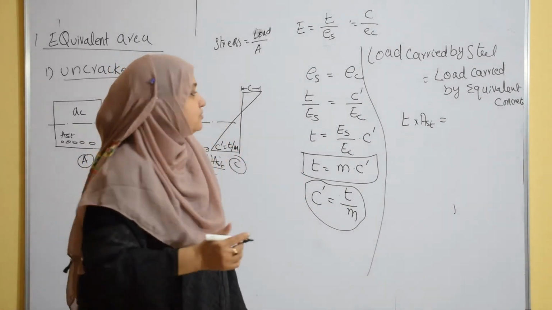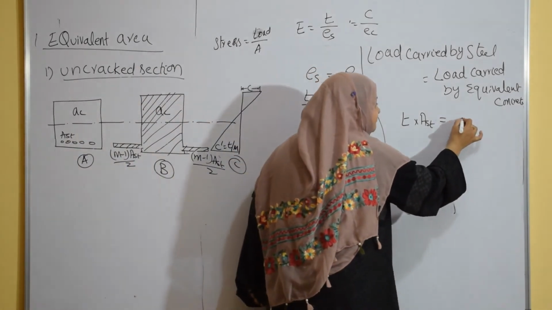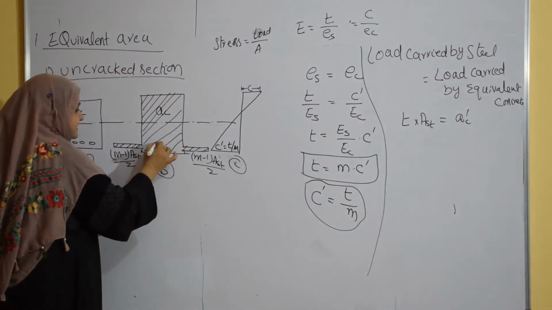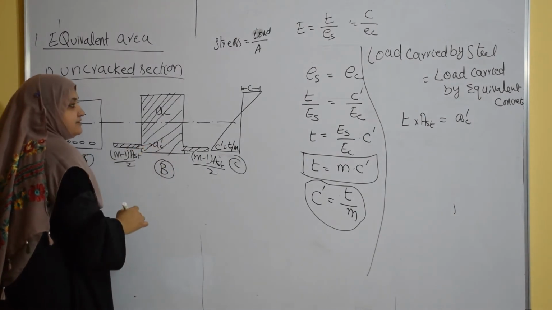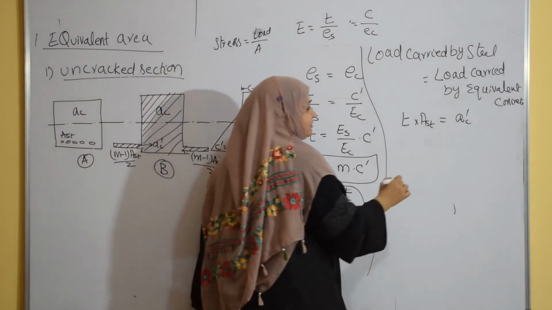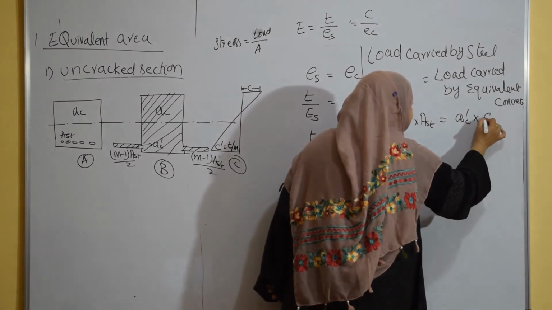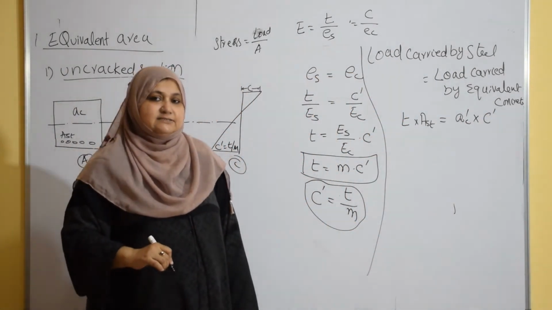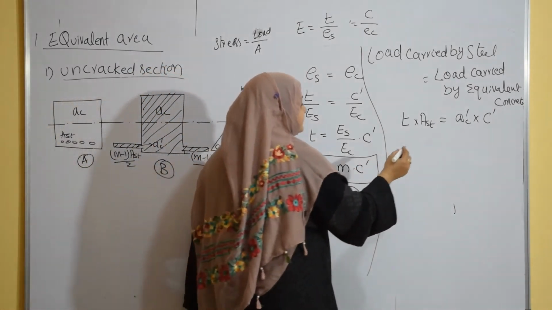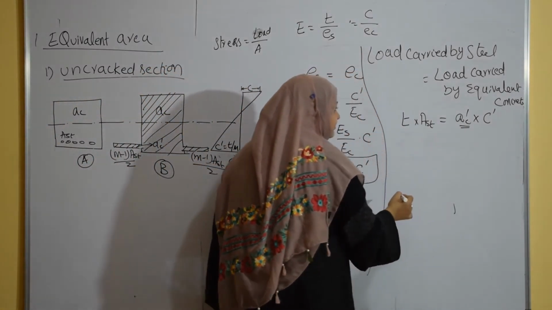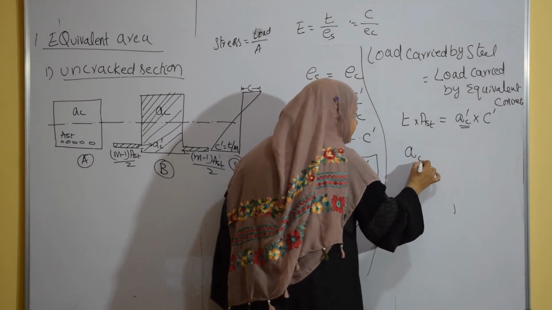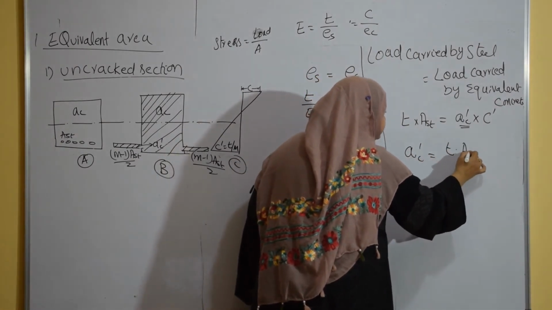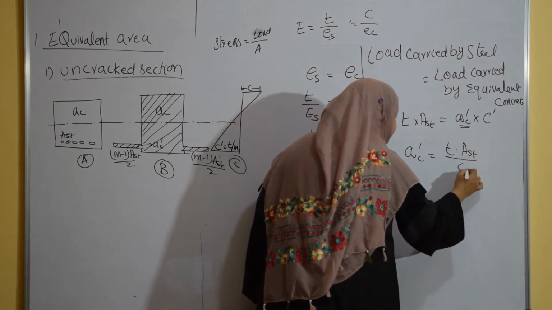Okay, if AC dash is the area of equivalent concrete, you multiply with the stress in the equivalent concrete, that is C dash. Now we are finding out the equivalent area of concrete. So equivalent area of concrete is equal to T into AST by C dash.